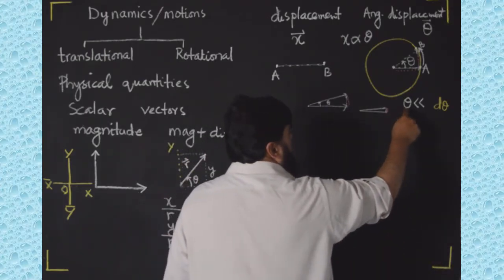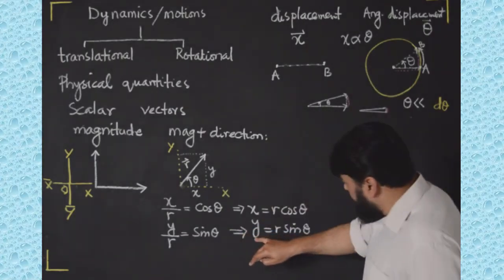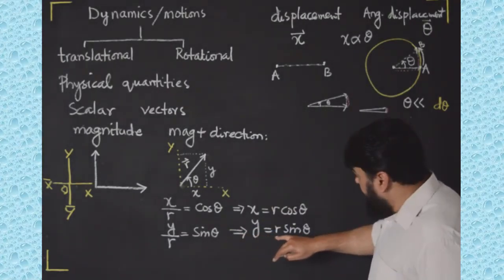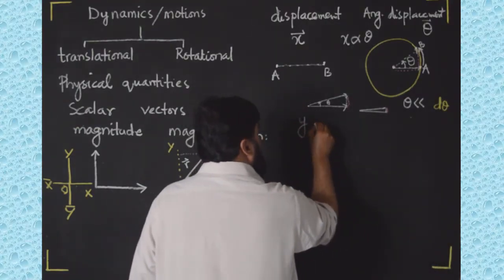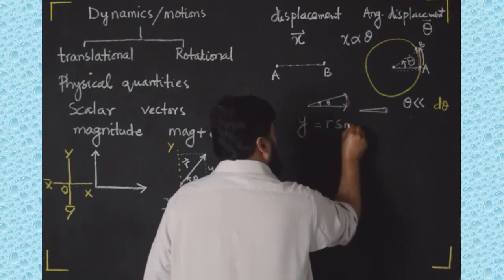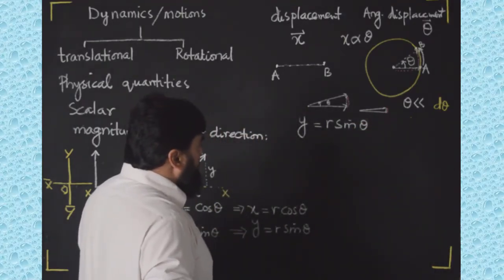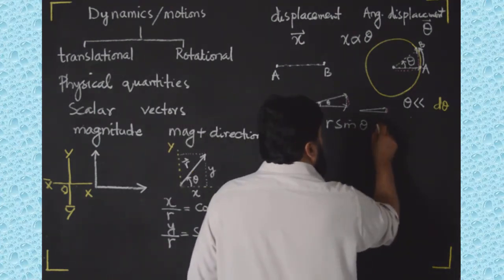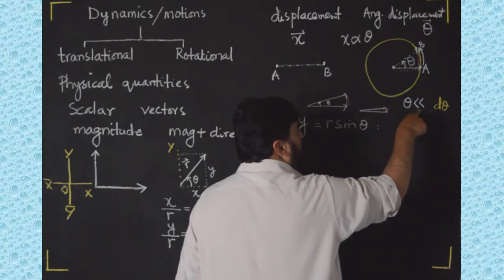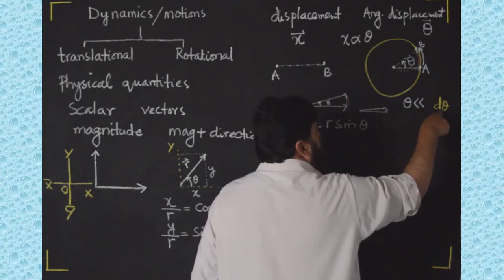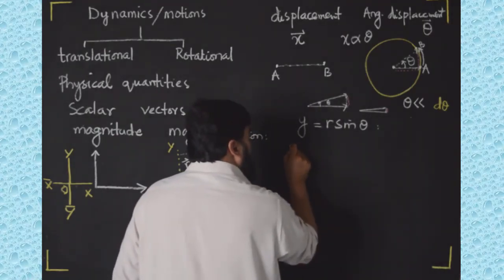Now what was the perpendicular distance here? The perpendicular distance was y, and it was r sine theta. So y equals r sine theta. Now I will consider theta to be very small, so this is now d theta.